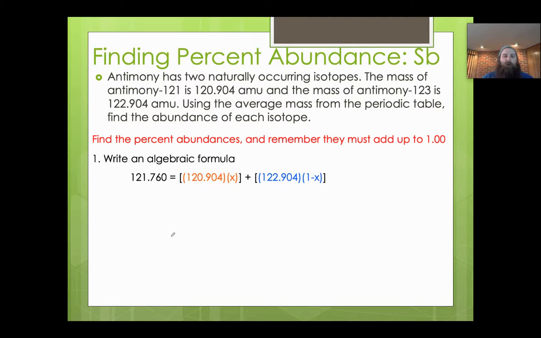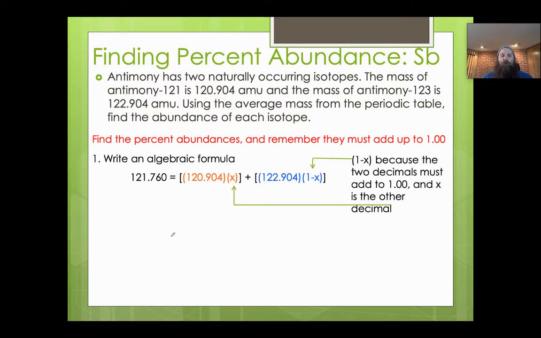The only problem is, in the equation, it didn't give me any of those wonderful decimal percents. It gave me the answer of the multiplication. So I've got to plug these things in. So I used x and 1 minus x for my two decimals because they have to add up to 1.